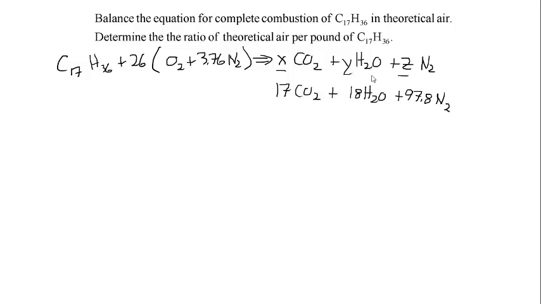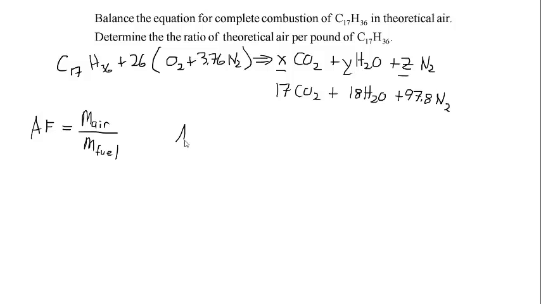Now, the question is also asking, determine the ratio of theoretical air per pound of C17H36. What it's really asking for is the air-fuel ratio, so mass of air over mass of fuel.